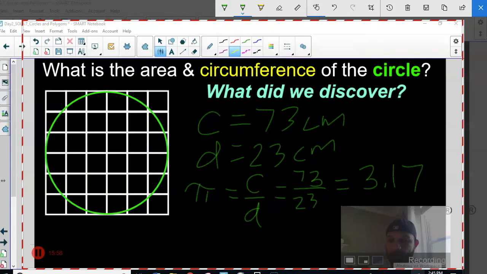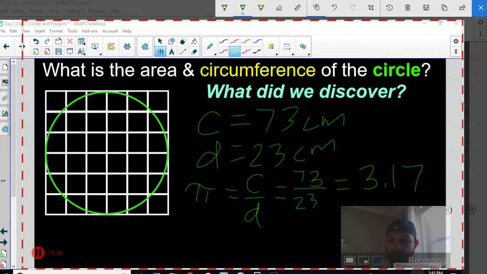Now, if I had gotten 3.14, that would have been perfect. But mine was 3.17 because, again, it's not an exact science. I'm using a string, I'm cutting it, I'm trying to curve it around, I'm using markers. It's not an exact science, but that's pretty close.